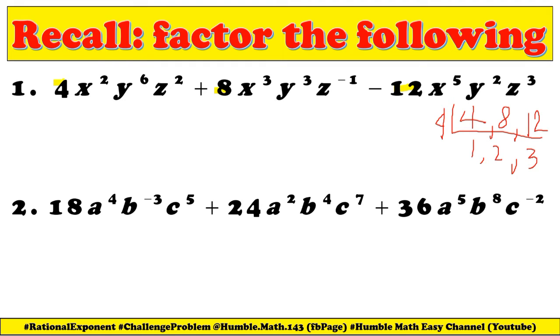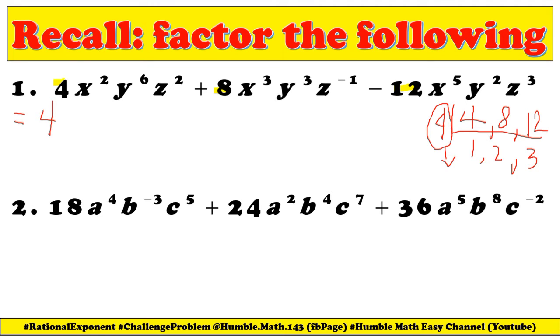This one is what you call continuous division. Since we don't have any more common divisor aside from 1, the GCF that we have is 4. So the common factor of the numerical coefficients is 4.